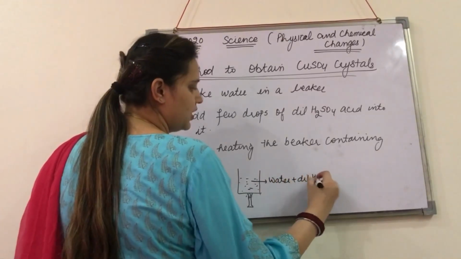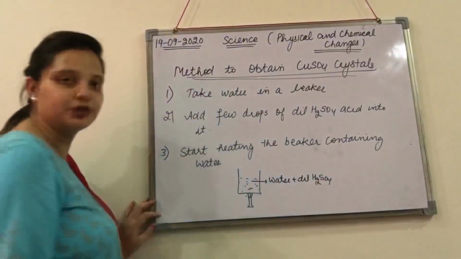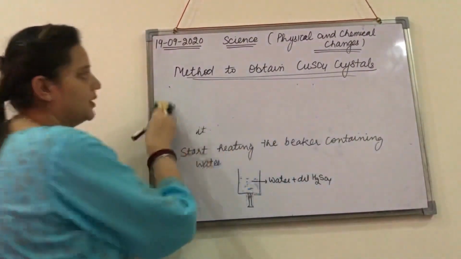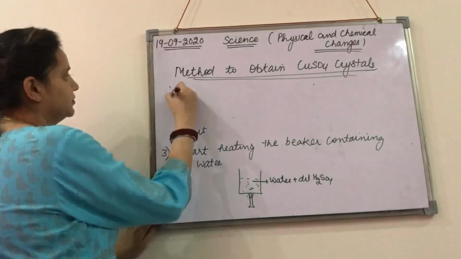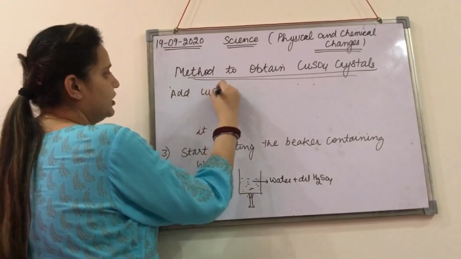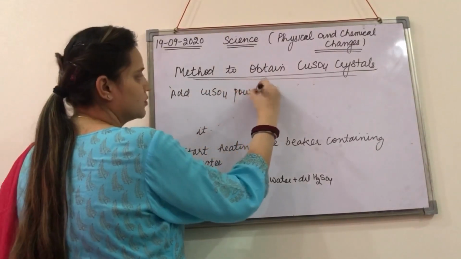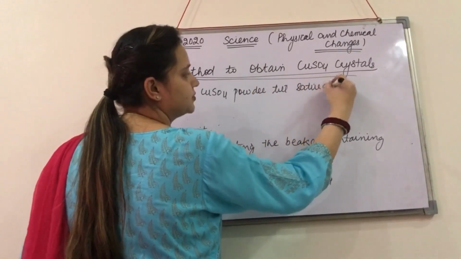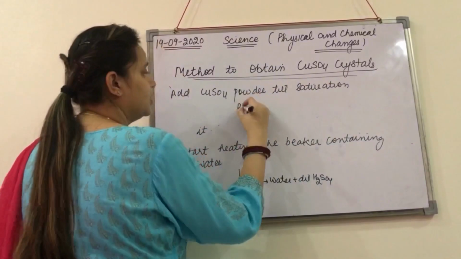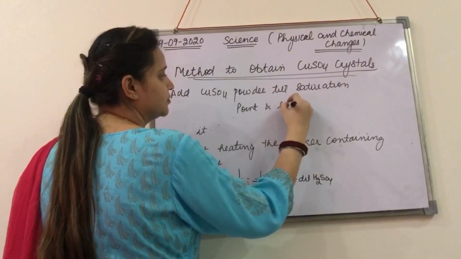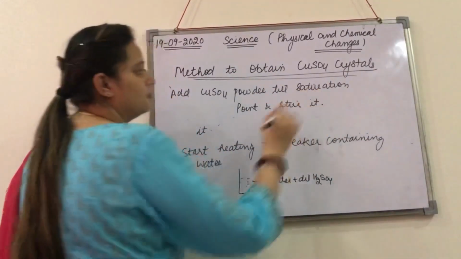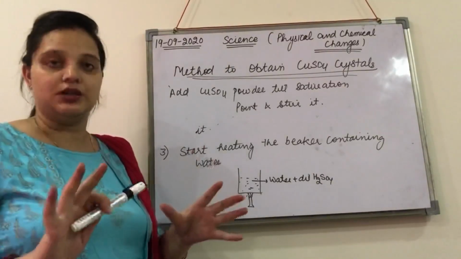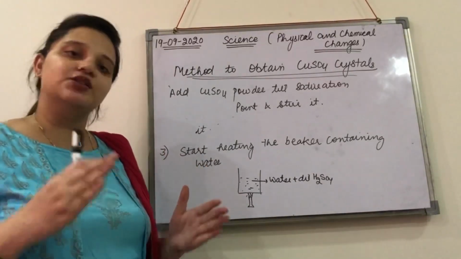Now it's time to add copper sulfate powder. Add copper sulfate powder till the saturation point. That means we have to add copper sulfate powder till no more powder dissolves further.